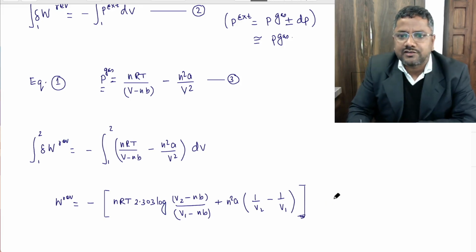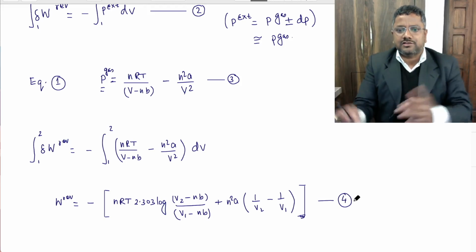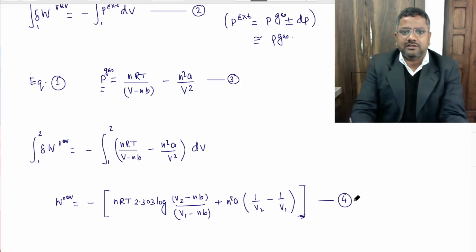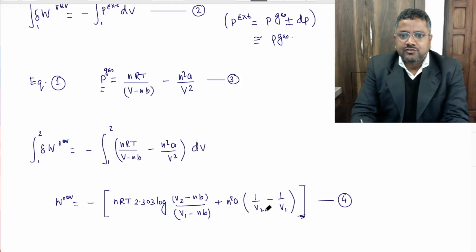So this is equation number 4. By using this equation, you can calculate the work involved in the reversible process. V2 is given, V1 is given, a and b are given, n is given, T is given, so you can calculate this work.